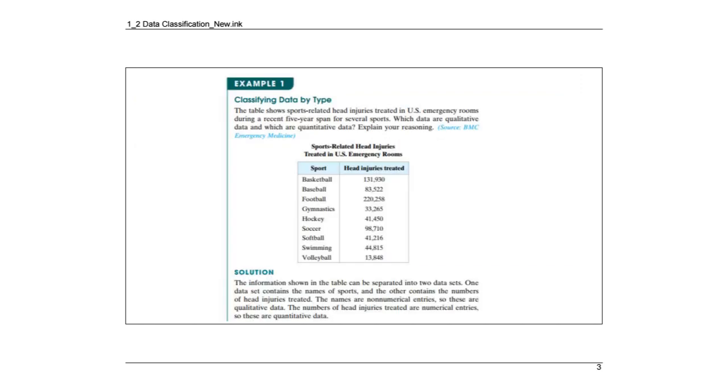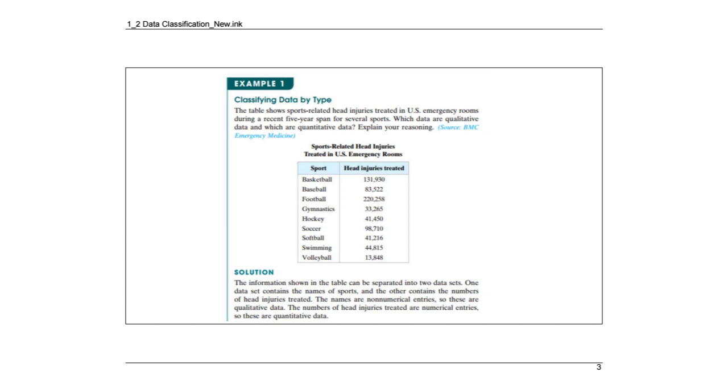So I know this is small, but let's take a look. We have a table that's showing us sports-related head injuries treated in U.S. emergency rooms. It doesn't tell us what year this is, but this is data from the BMC Emergency Medicine for a recent 5-year span. Okay, so each sport is listed, and then how many head injuries were treated.